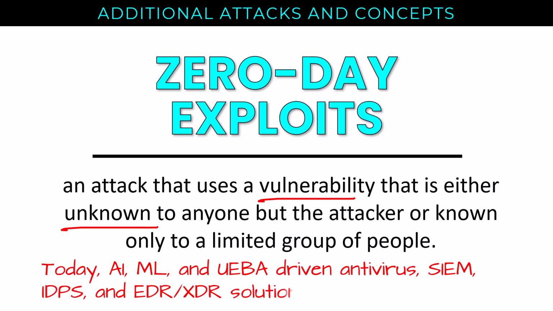Today, AI, machine learning, and user and entity behavior analysis-driven antivirus, SIEM and SOAR, intrusion detection and prevention, and extended detection and response all offer some defense against zero-day exploits because they're not based on watching for signature matches. They're looking for malicious behaviors. They're looking at threat intelligence that helps to identify known bad actors, known malicious IP addresses, and software known to contain malware. And here again, we'll cover all these solutions throughout this series.